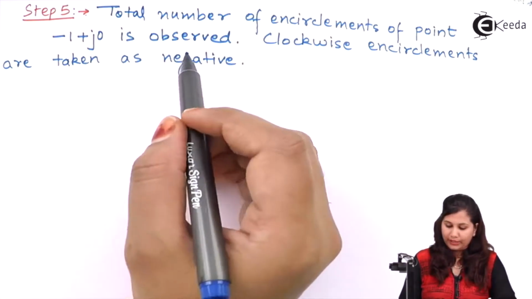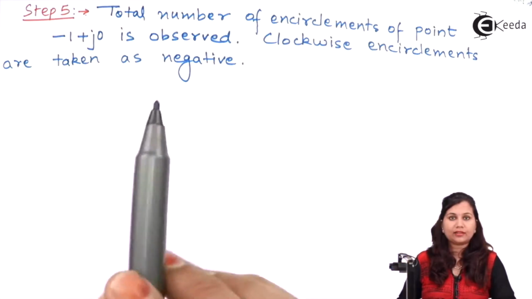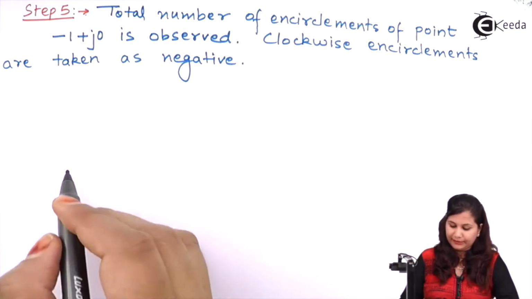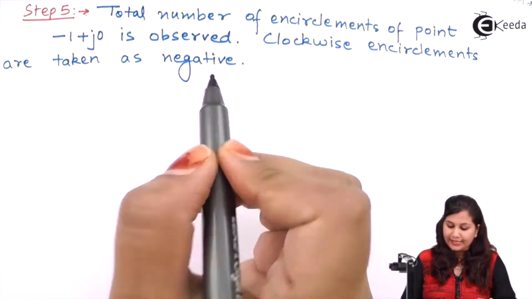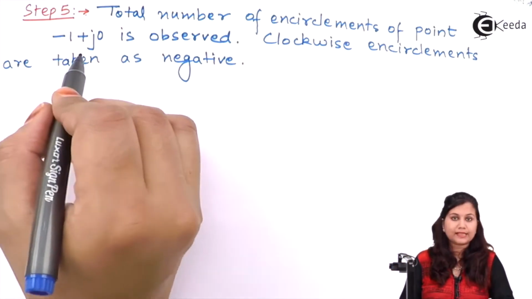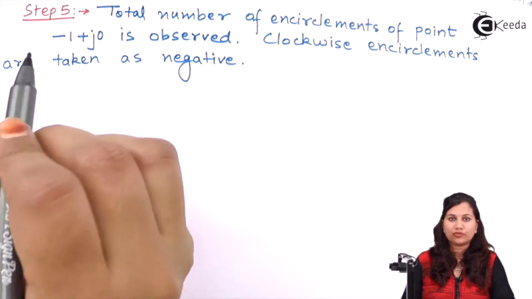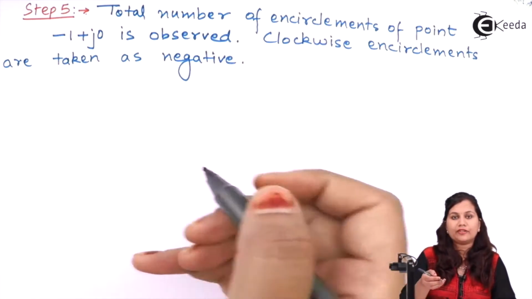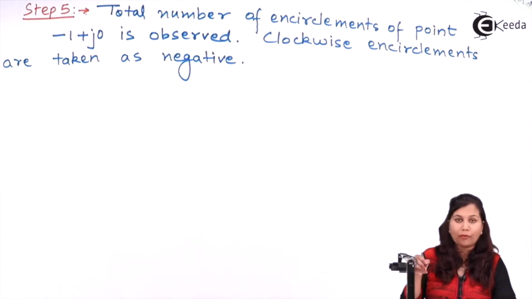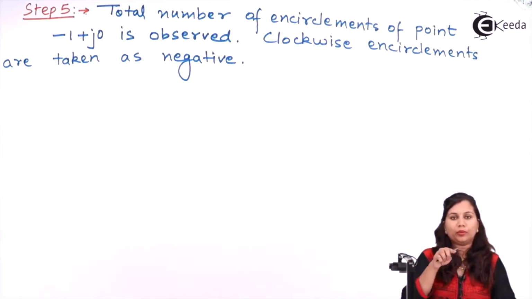In these encirclements, if the encirclement is clockwise, then it is taken as negative. Encirclement means that this point -1 plus j0 is lying inside the path which is formed by joining the polar plots.